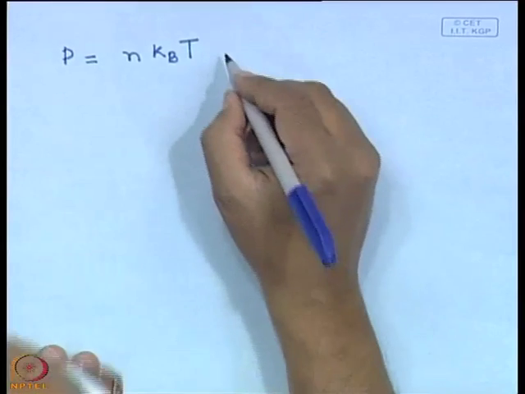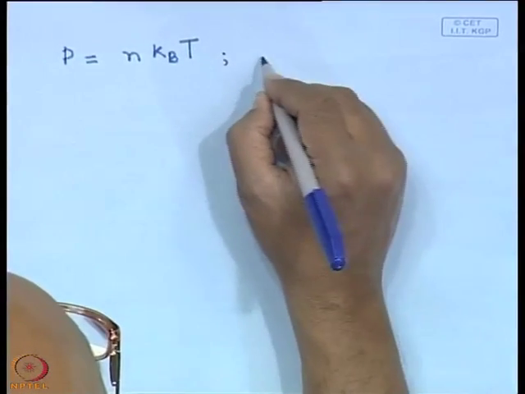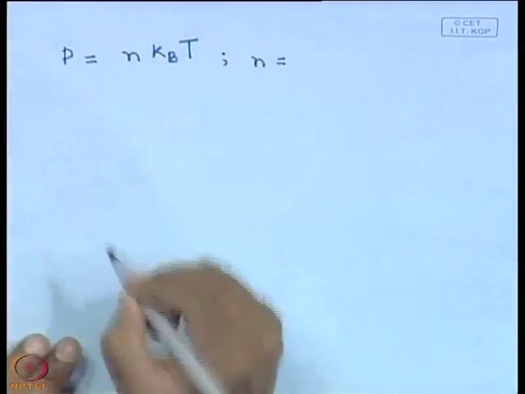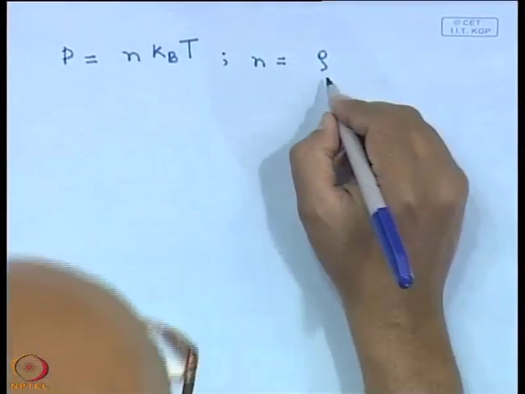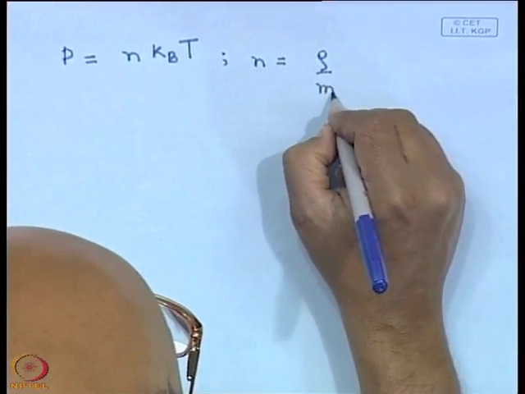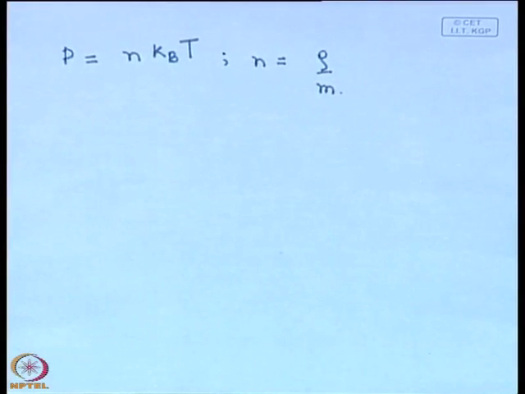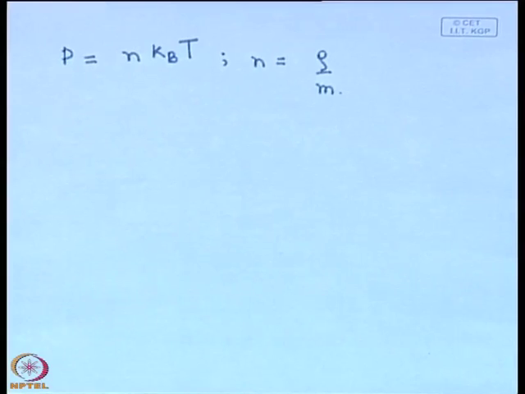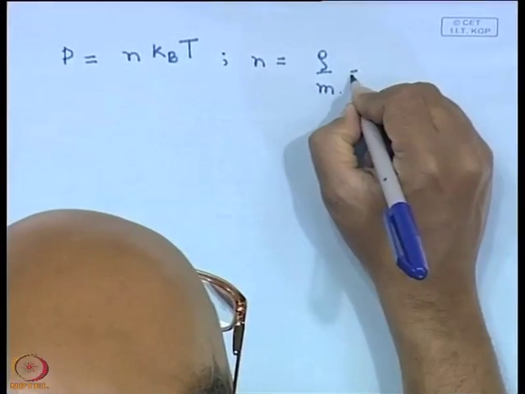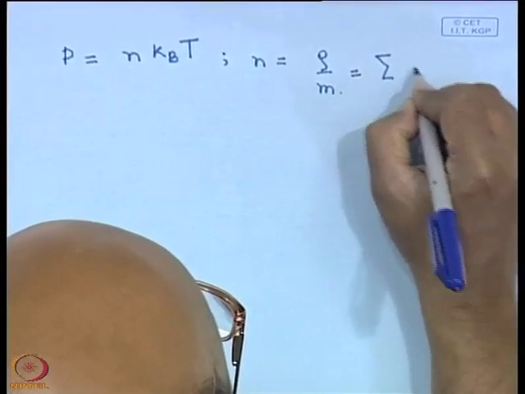Okay. Now, the number density N is the mass density divided by the mass of individual particles. Okay. And if I have many species of particles, I have to then add up the contribution from each of these species.